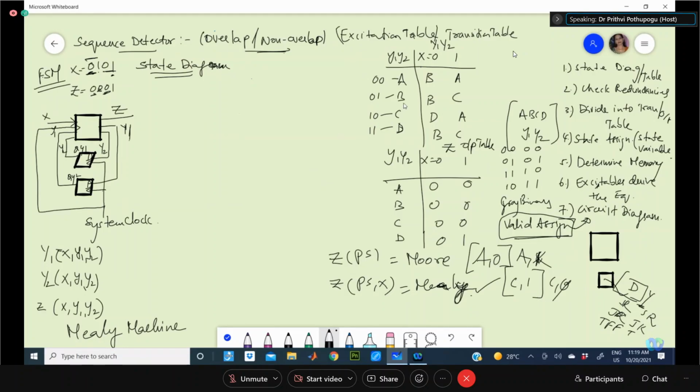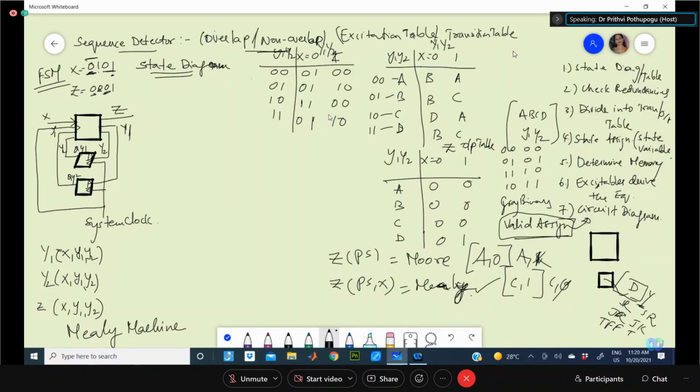Okay. How do we write this? Replace these values with your 0, 0, 0, 1, 1, 0, 1, 1. This goes to x is 0 and 1, your y1, y2. A is 0, 0, B it is 0, 1, C is 1, 0, D is 1, 1, A is 0, 0, B is 0, 1, C is 1, 0.